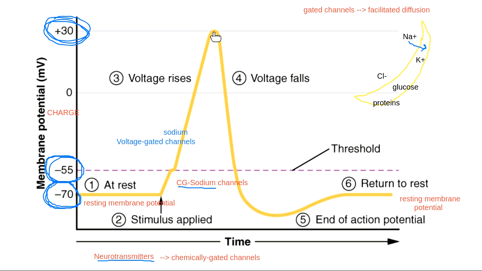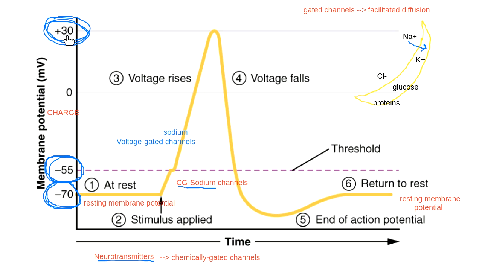I bring in so much sodium with all of its positive charge that at this point, the neuron realizes, oh no, I am completely flipped out. I was supposed to be negative 70. I'm positive 30. My charge is completely wrong. This charge being wrong is going to open up another kind of channel. This kind of channel opens because of a charge problem.